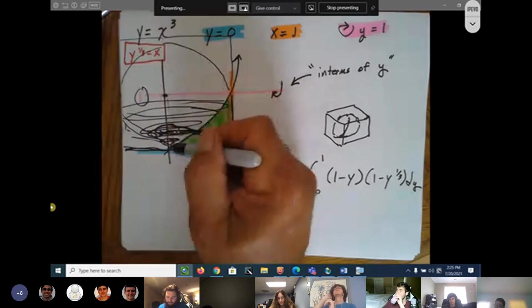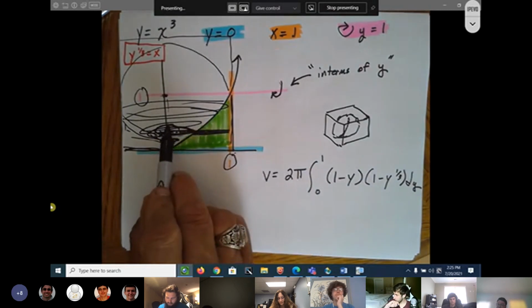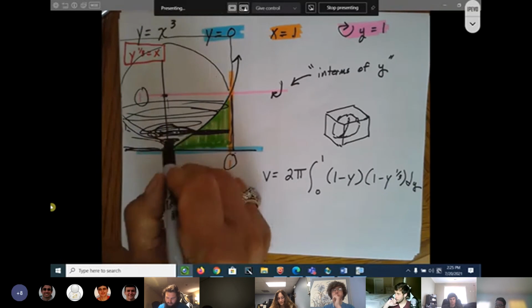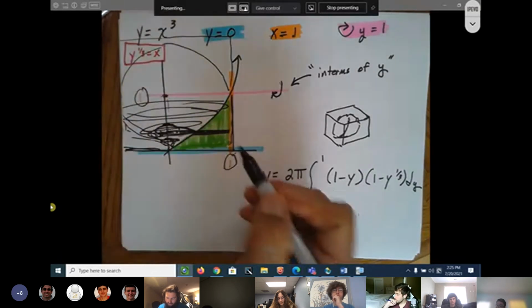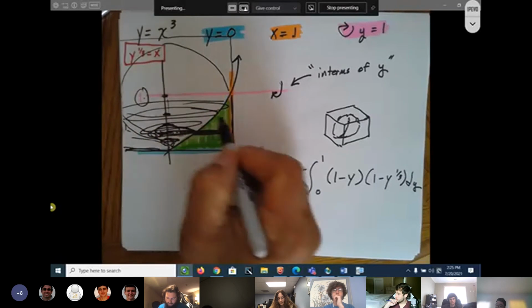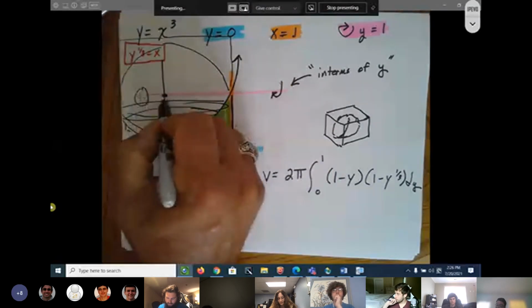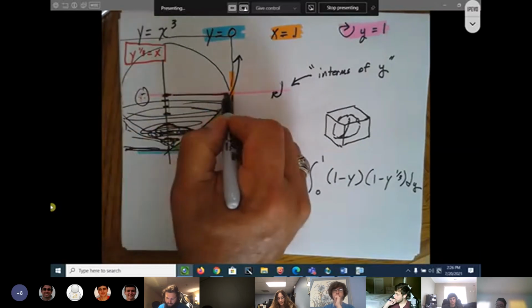So 1 minus y, because that's being measured as y. So as this moves up, let me show you: 1 minus 0.25, 1 minus 0.5, 1 minus 0.75, 1 minus 0.8, 1 minus 0.9, and 1 minus 1, you're at this point right there.